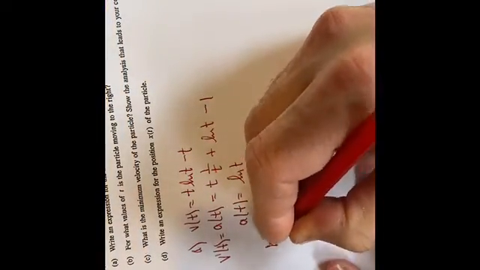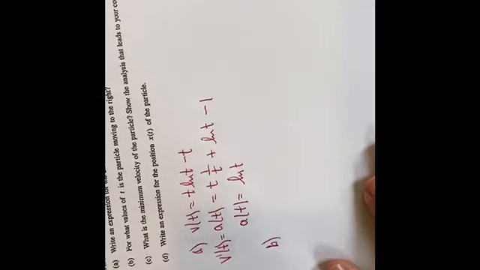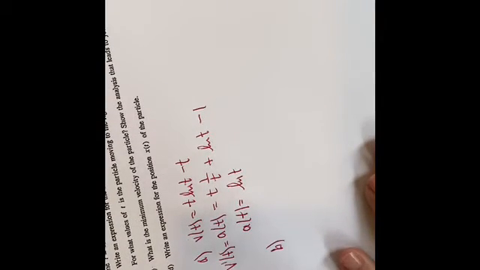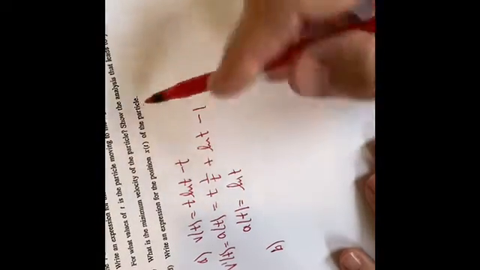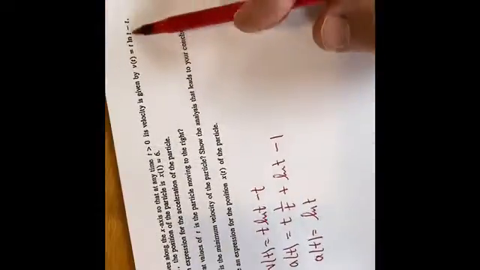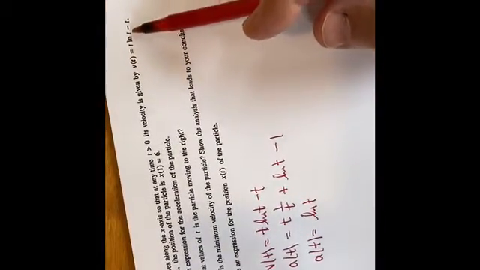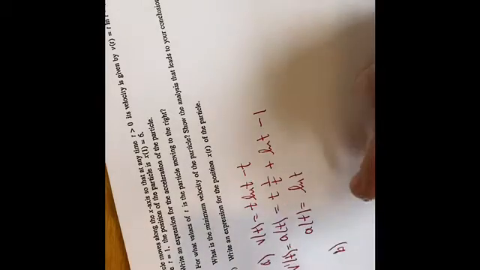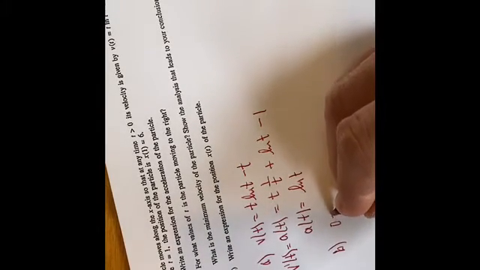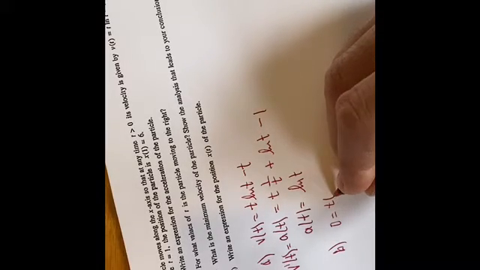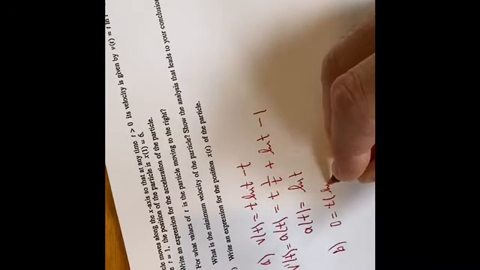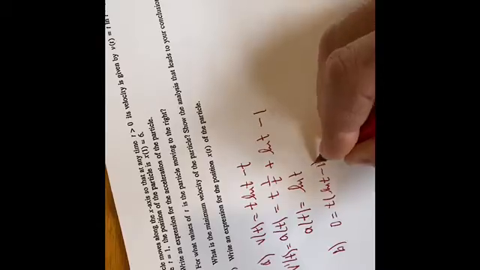B. For what value of t is the particle moving to the right? So we want to find out what value of t where this is positive. So we're going to set the velocity equal to 0 and then solve this.